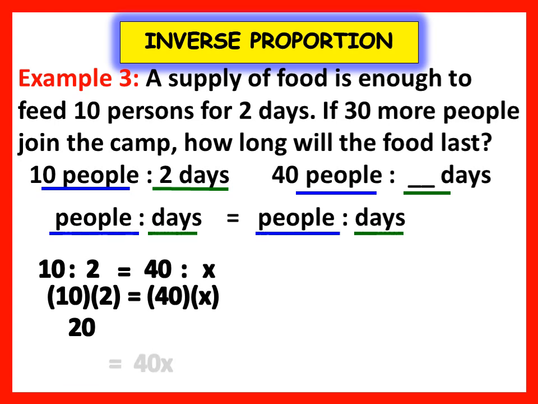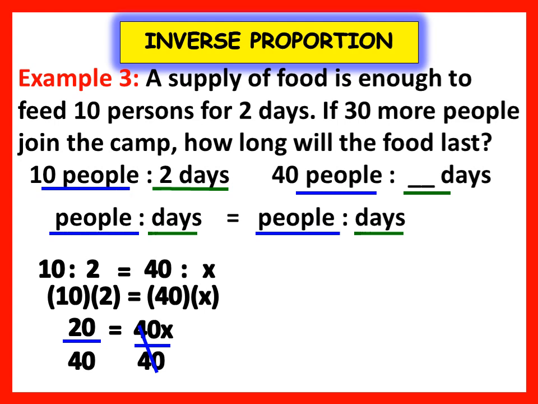And the other one, 40 multiplied by x is 40x. So we will find the value of x. Therefore, we need to get rid of the numerical coefficient of x, which is 40. So we need to divide both sides by 40. Let us cancel first the 40 over 40, which is 1. The remaining term there will be x.